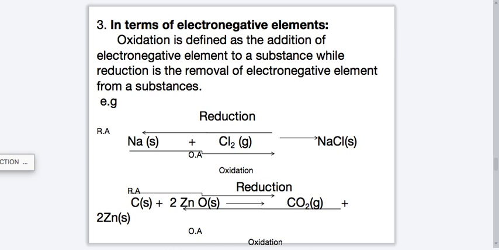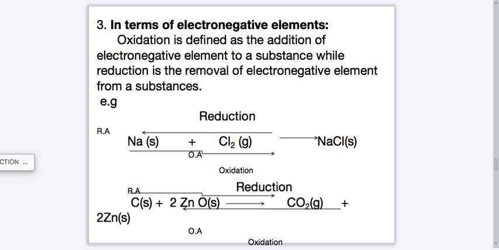Non-metals are referred to as electronegative elements because non-metals gain electrons and in that process carry negative charge. Oxidation is defined as adding these non-metals to a substance. But when you remove them, that is referred to as reduction.